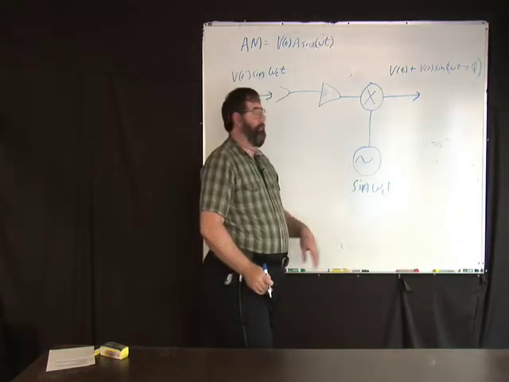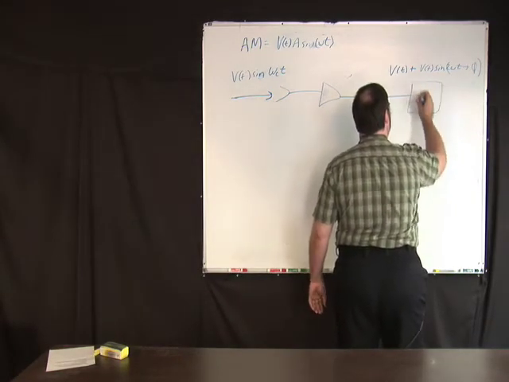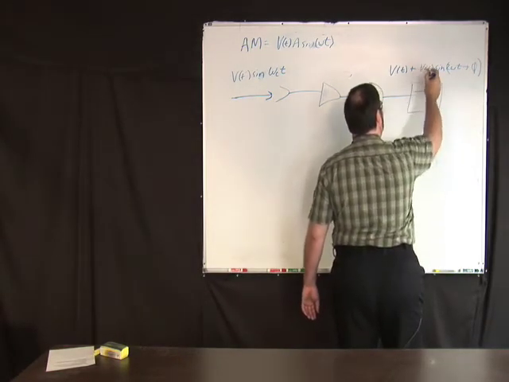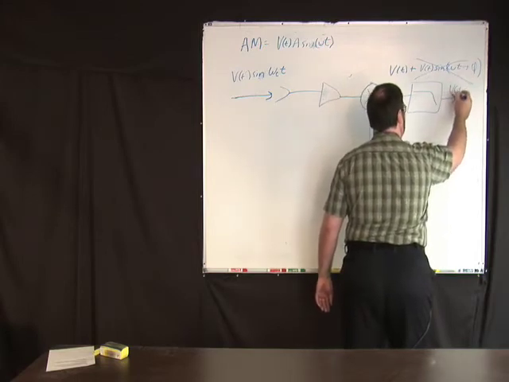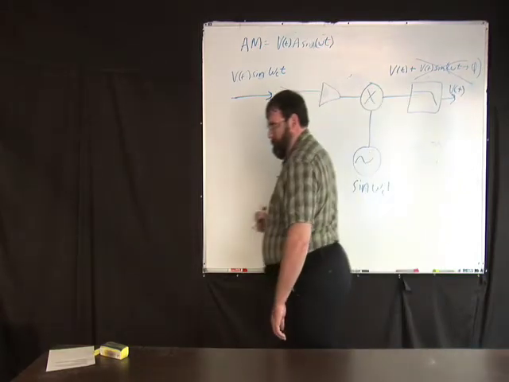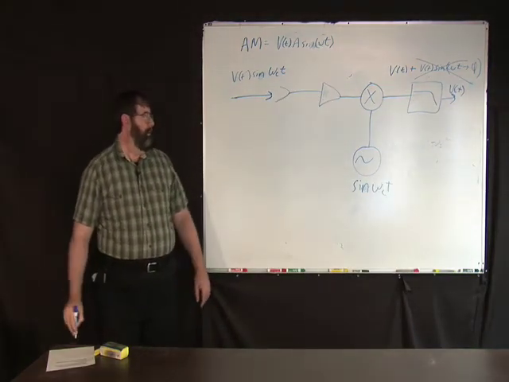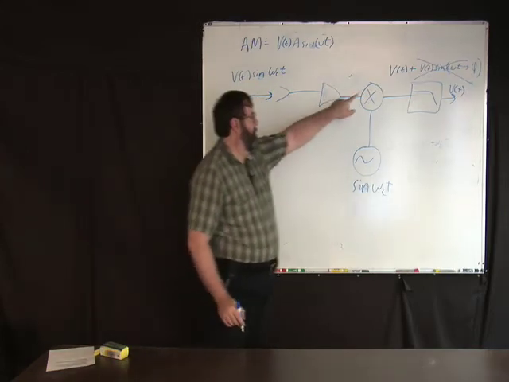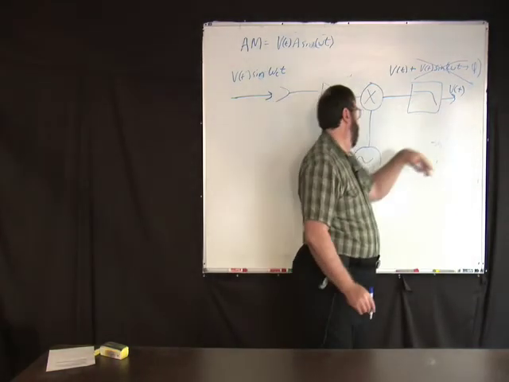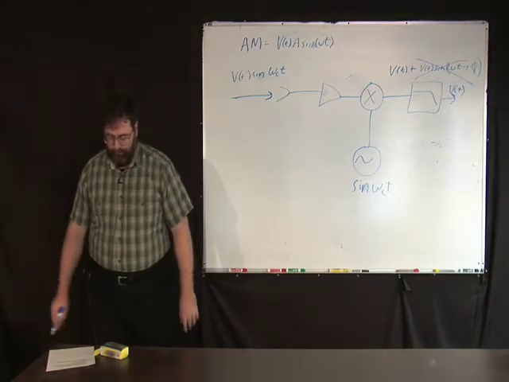After that, you put in a low-pass filter that knocks out this term, and what you come out with is V of t. So you basically have made an AM radio. You down convert and recover the information. There's more stuff here and there, but that's the basic idea of an AM radio.